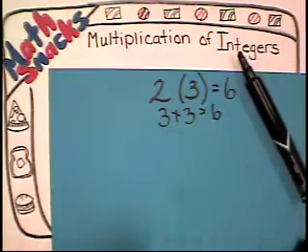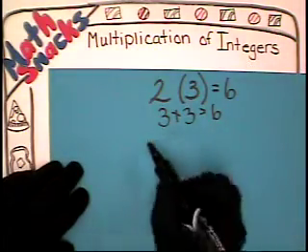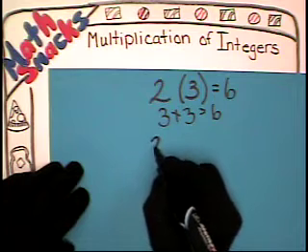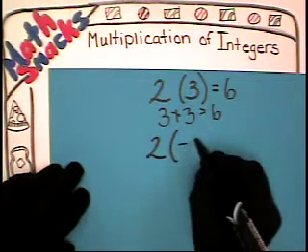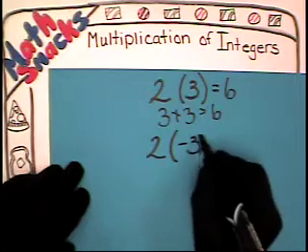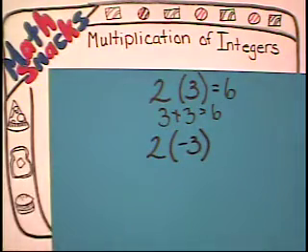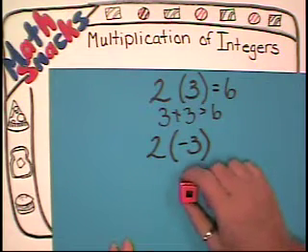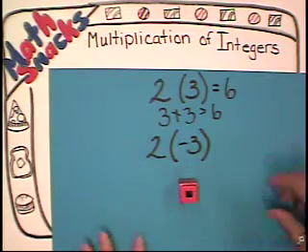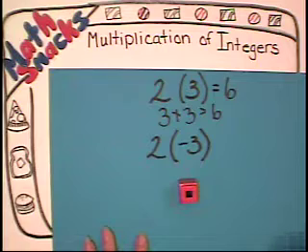Okay, let's try another one. Again, we're going to start with a positive value, which is going to mean to put on, but this time I want you to put on 2 groups of negative 3. Okay, I'm going to use the red because you told me about red meaning you're in the hole, and accountants used to use that.